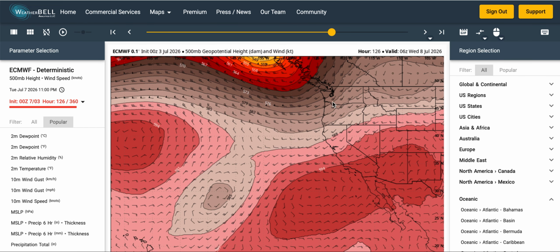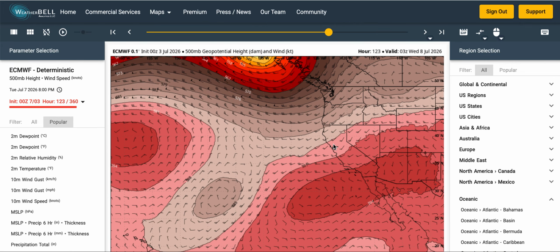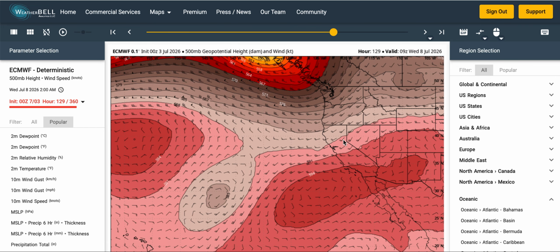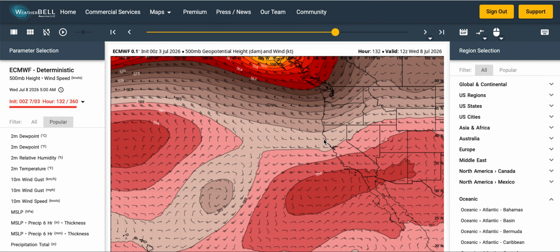But this is a pretty good trough into the Pacific Northwest that could even bring some rain for them. And it might bring maybe a sprinkle for some in Northern California. Probably not much. Mostly clouds and a deeper marine layer, more marine influence, a little cooler for even inland areas.